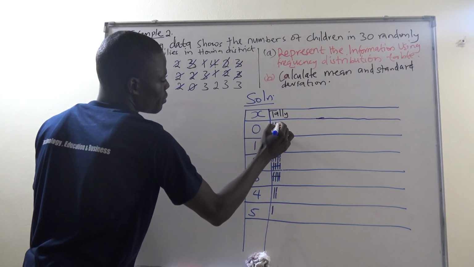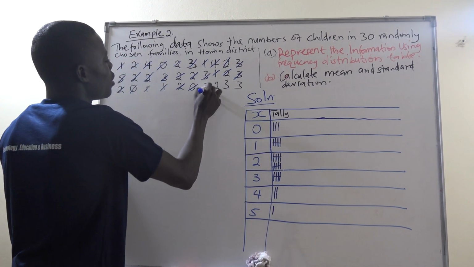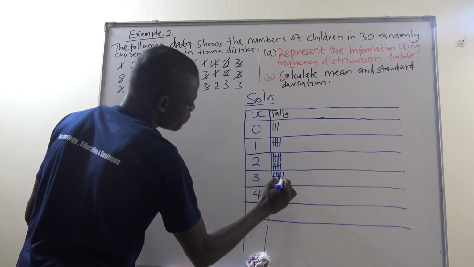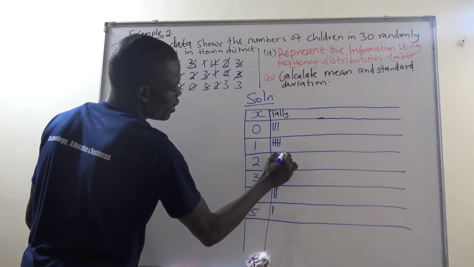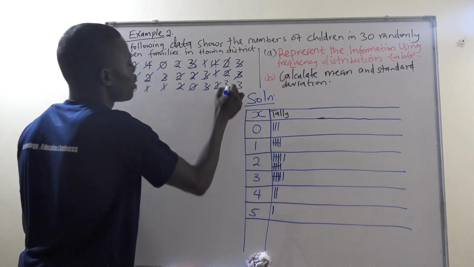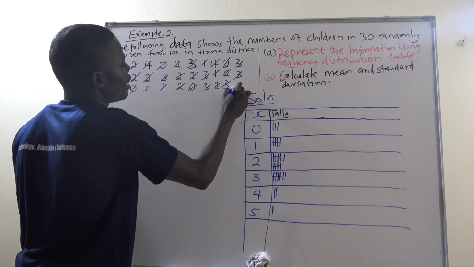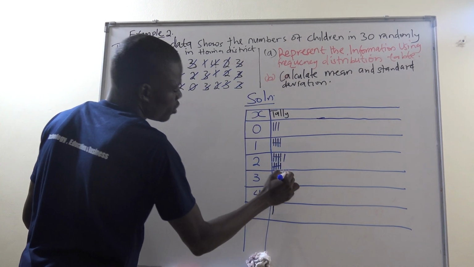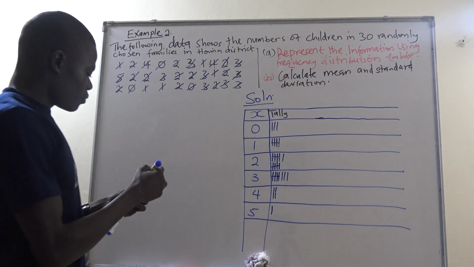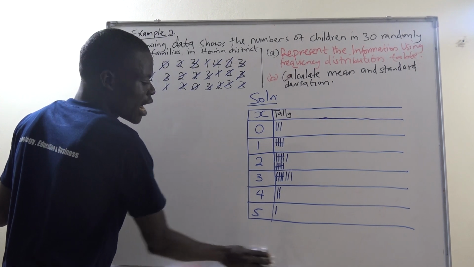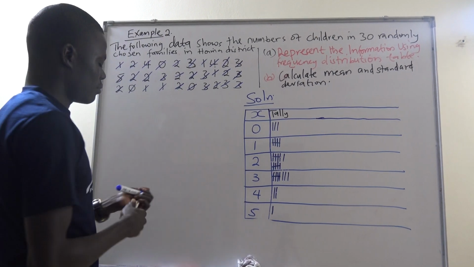Then 0 is 3, then you represent 3, 2 again, 3, and then another 3. So those are our tallying of the numbers the way they are appearing in the question.